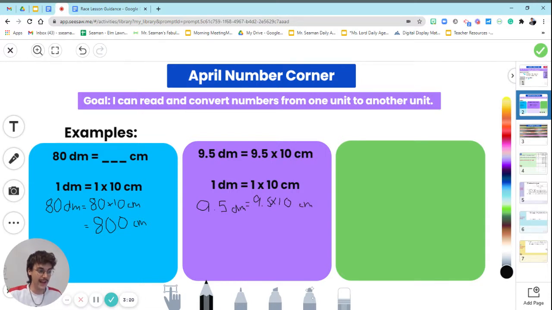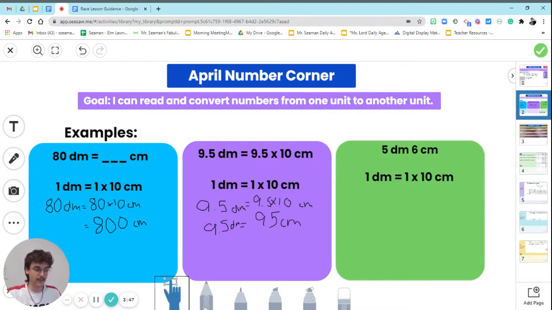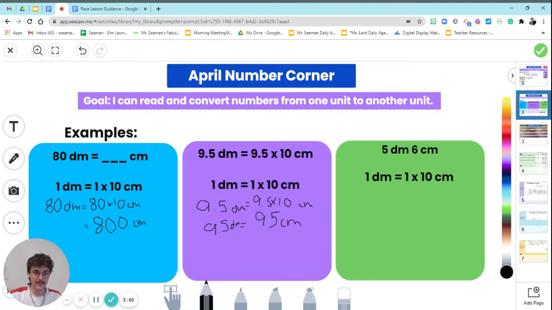And when I do that, I get a total of 95 centimeters. So 9.5 decimeters is equal to 95 centimeters. That's another reason why it's extremely important to have your values in your units, because we are having 2 completely different units here today. And then our last example for today is 5 decimeters and 6 centimeters.